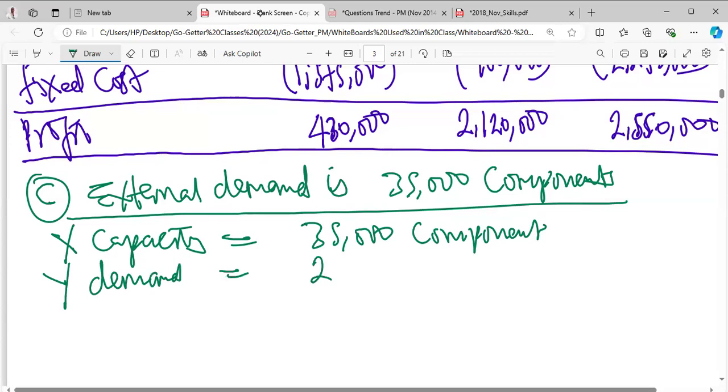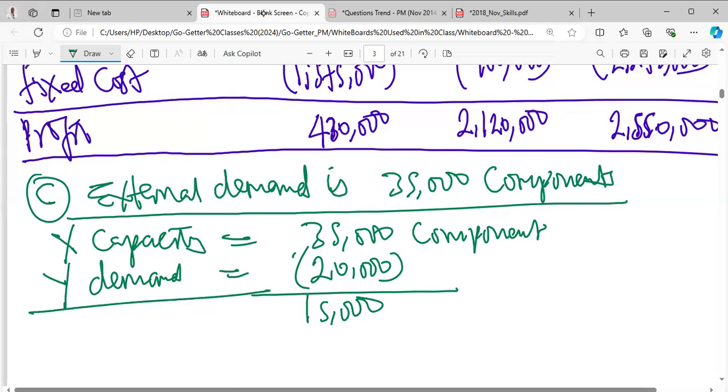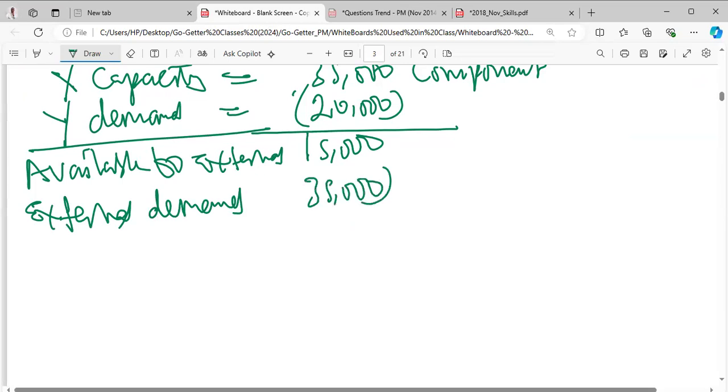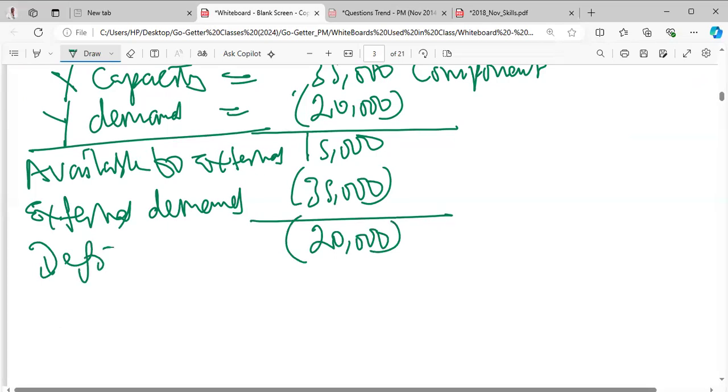Y is demanding 20,000 components, so 15,000 is available to external. External demand is 35,000, so 20 is the deficit.